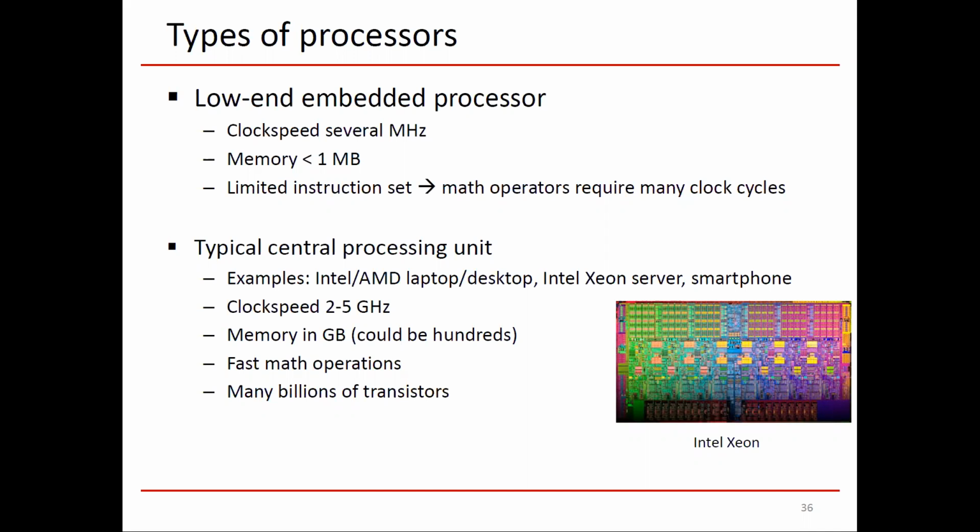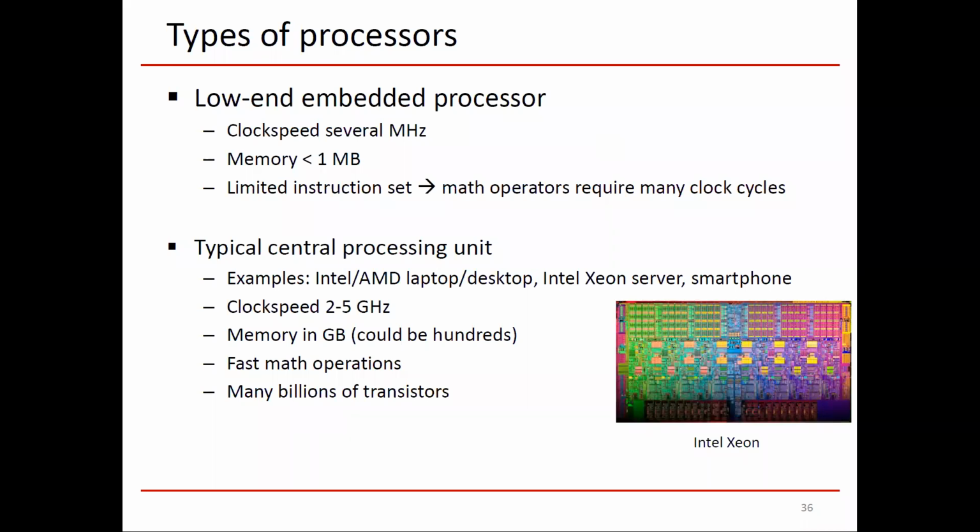And that's because you're not trying to do much. And as a consequence of that, more sophisticated operations such as math, exponents, logs, stuff like that, special functions are not going to be supported in hardware, and instead they're going to require many clock cycles to emulate them in software. So that's on the low end.